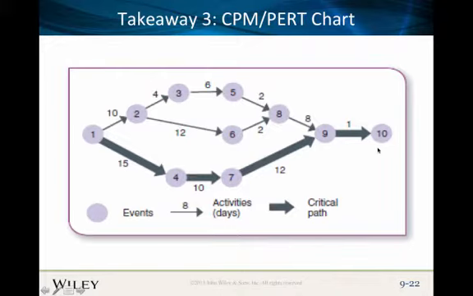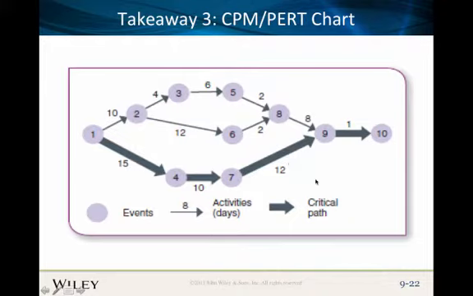What it means is that there is no slack in any one of these processes, and therefore any type of delays in these processes are going to lead to overall delays in the entire project. So you have to be mindful of these particular events, these particular actions, and ensure that they are not delayed, because if they are delayed, the entire project will be delayed.